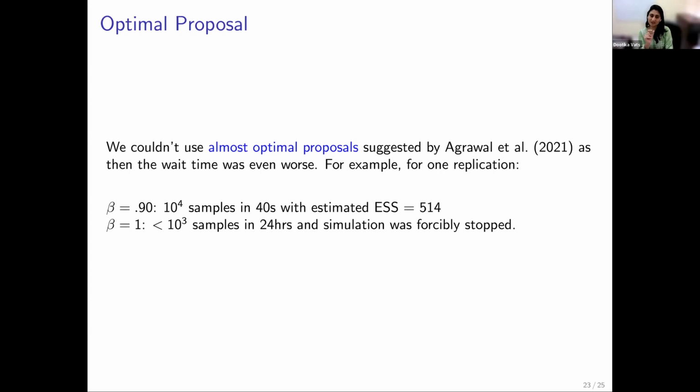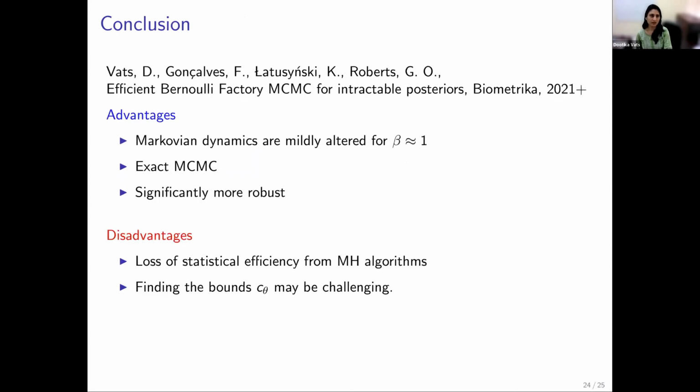It is this particular uncertainty which limits the original Barker's algorithm, the original two-coin algorithm, from exploring the state space sufficiently for my MCMC algorithm. Okay, so in conclusion, the work itself is now available online at Biometrika.